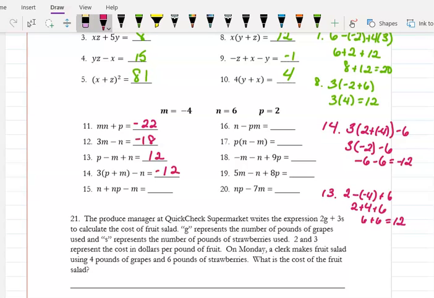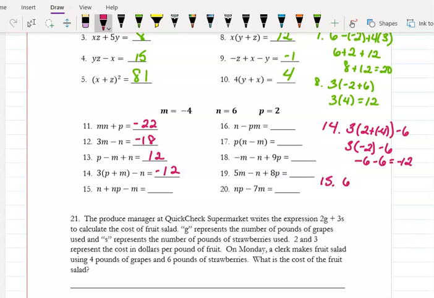And number 15. Okay, let's get that pen back. It's n plus np.